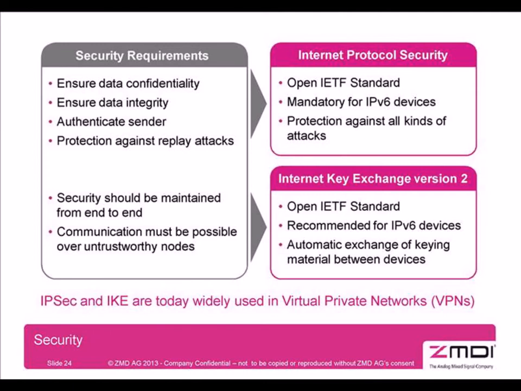IPv6 requires IPsec as a security standard. This standard is open, so everybody can prove the standard, and it gives us a solution to protect our packets against all kinds of attacks.